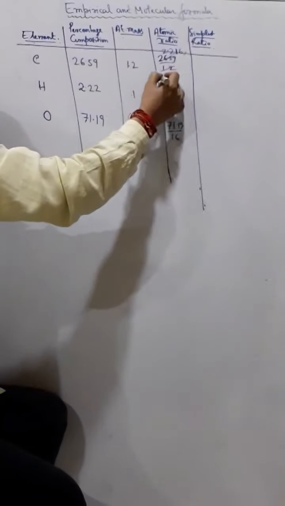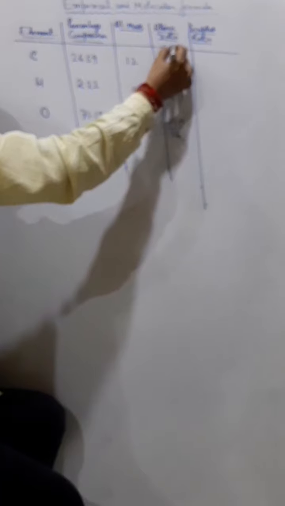So approximately, correct to 2 decimal places, it becomes 2.22. Understand? So orally you can do it like that.